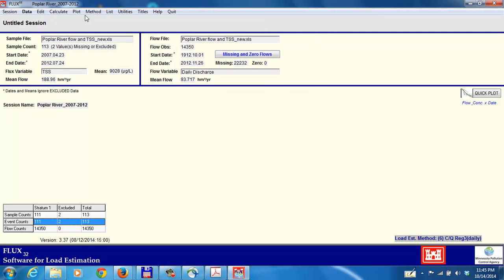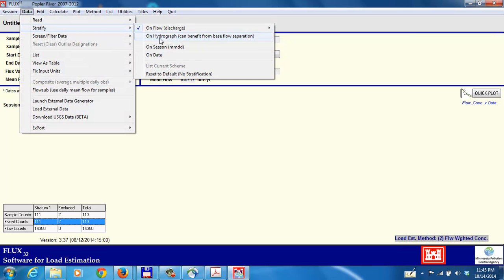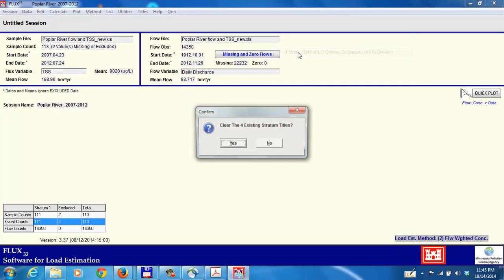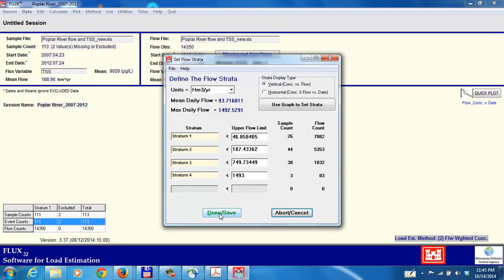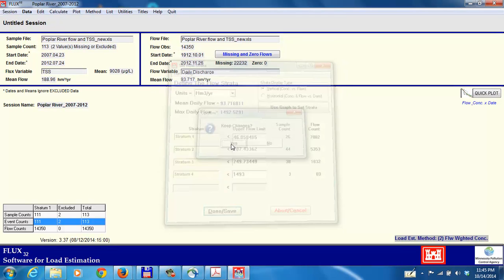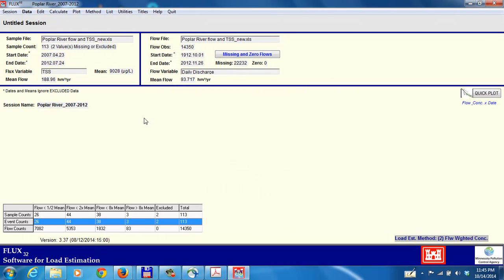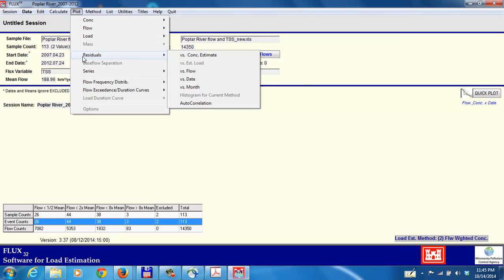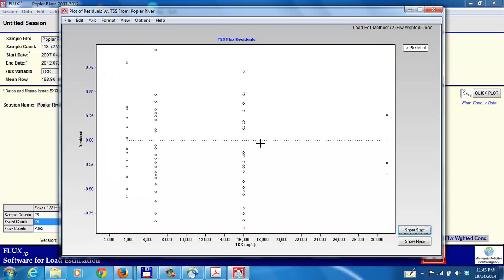Now we can improve some of the methods. For instance, method 2, we can reduce some of those residuals by stratifying the data. So let's go in and we'll stratify. We'll make the 4 strata as we had before. And let's plot the residuals in this case. So in the first flow regime, we've got this range, which is not too far off.